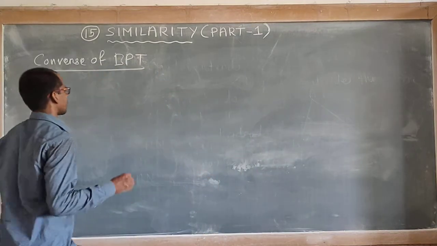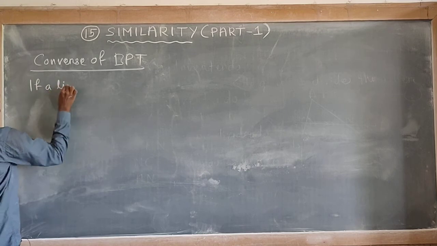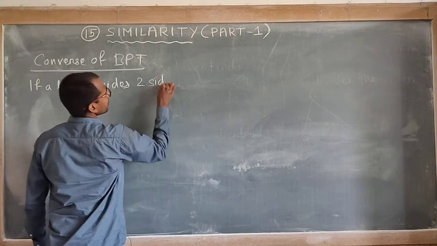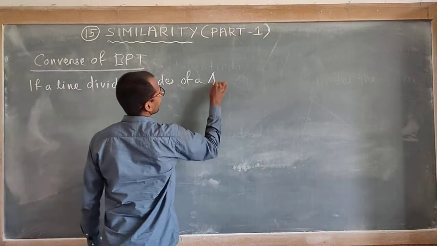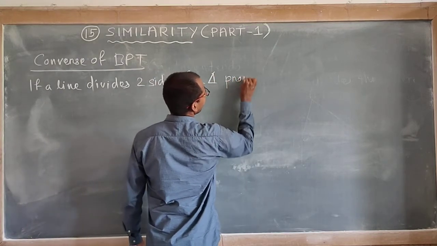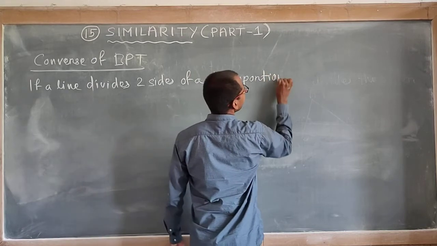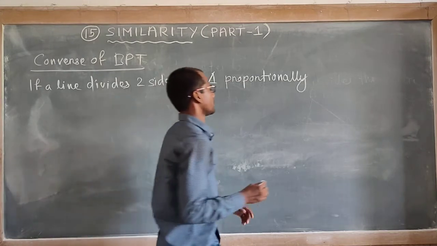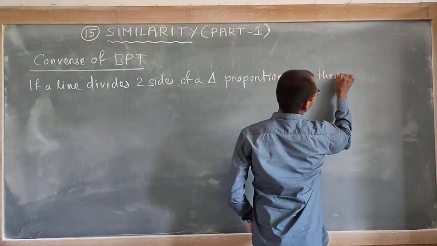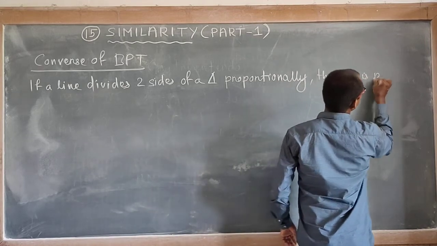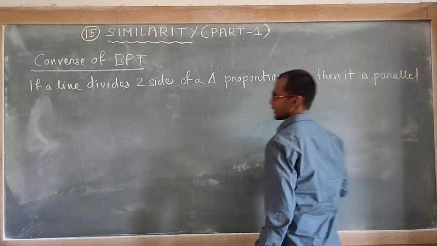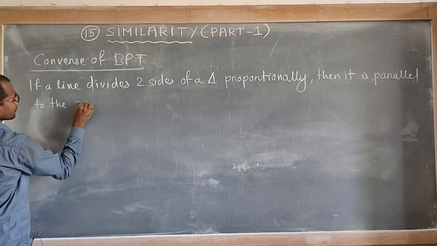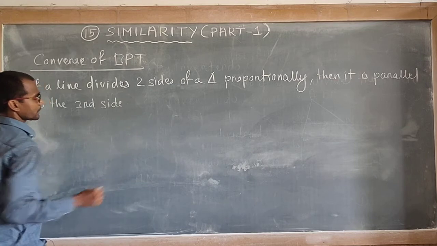So the theorem is like this: if a line divides two sides of a triangle proportionally, proportionally meaning in the same ratio, then it is parallel to the third side.